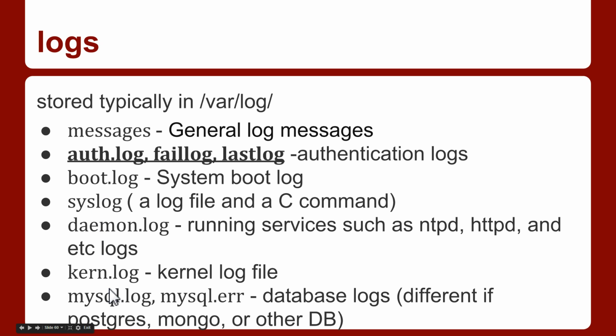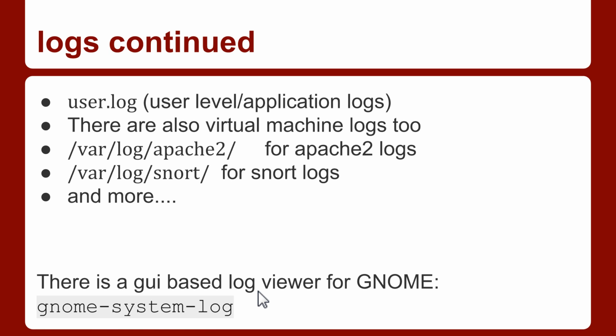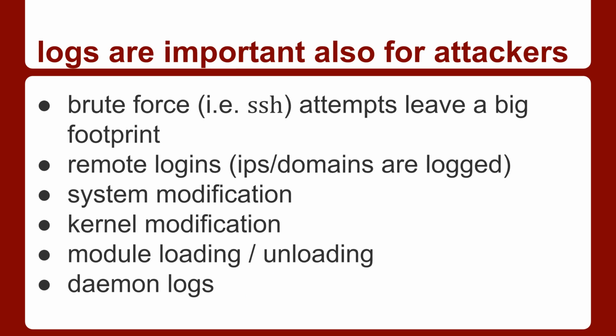The boot log, system log, etc. Usually daemons will have their own logs, for instance MySQL server and web servers like Apache 2, and for intrusion detection, there'll be /var/log/snort and stuff like that. Virtual machines will have their own logs. And depending on the system, perhaps a GUI-based log viewer for your distribution of Linux and your desktop environment.